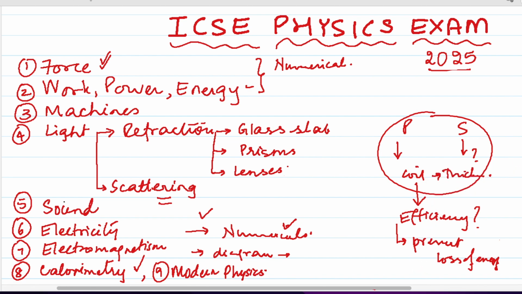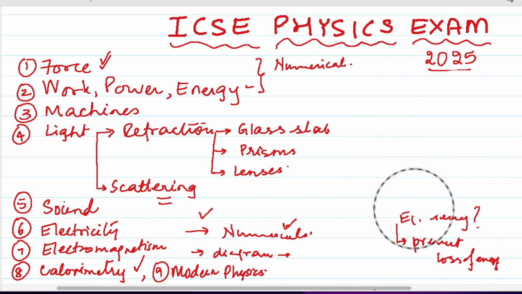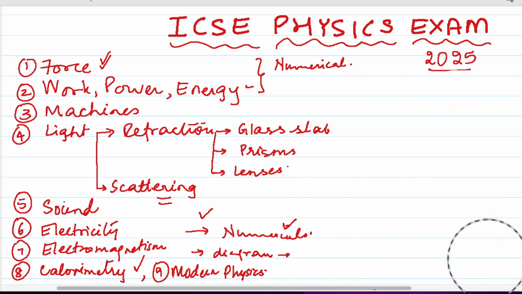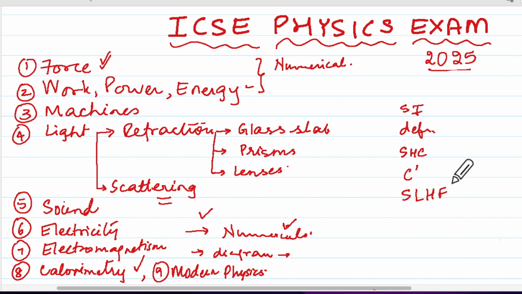Later on, we come to calorimetry. Calorimetry is all-time favorite chapter. You cannot really predict what type of questions will come, but in calorimetry, your SI unit, your definitions, okay, the specific heat capacity, the thermal capacity, the specific latent heat of fusion, you need to know. So this is the learning type of work.